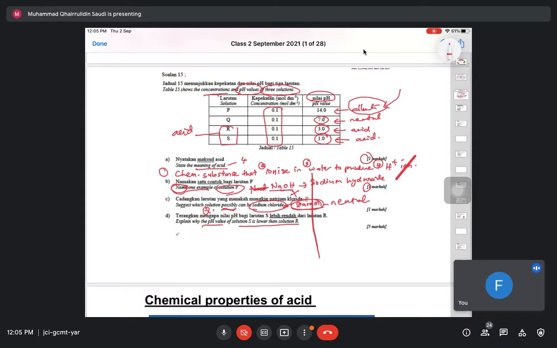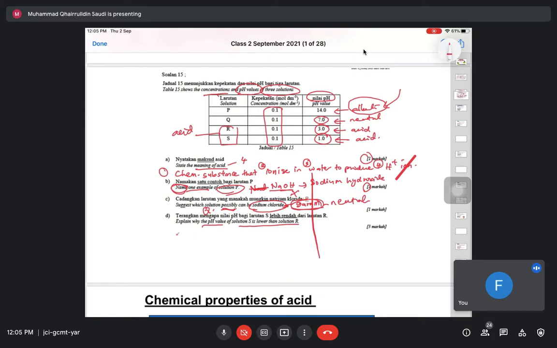Next one. Solution R ionized partially in water to produce hydrogen ion as well. Okay, untuk soalan ini, D ni, they only give you 3 marks, right? So the first one tu dia tak ambil, the strong acid and weak acid. Dia gabungkan point number 4 with point number 2 and 3.